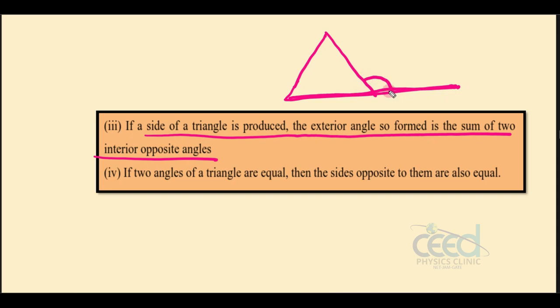Suppose this angle is A, this angle is B, this is angle C, and this exterior angle is D. Angle D is equal to the sum of the interior opposite angles, that is angle A plus angle B.